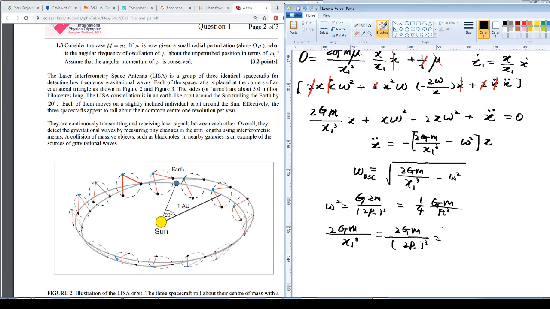Wait, so there must be something wrong then, because we're getting that they're equal.